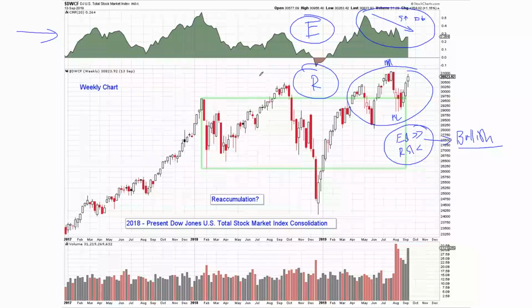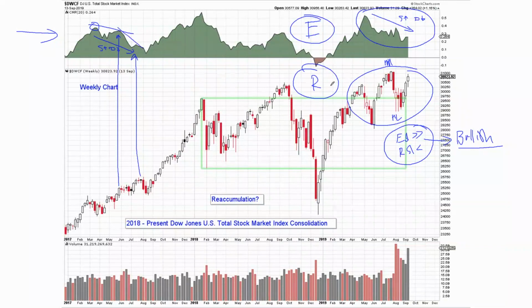The second thought that I had when I was looking at this latest reading on the indicator: we had a somewhat similar situation right here where it's going down. So again, supply is increasing, demand is decreasing, and we are actually making multiple higher highs on the divergence with that indicator.